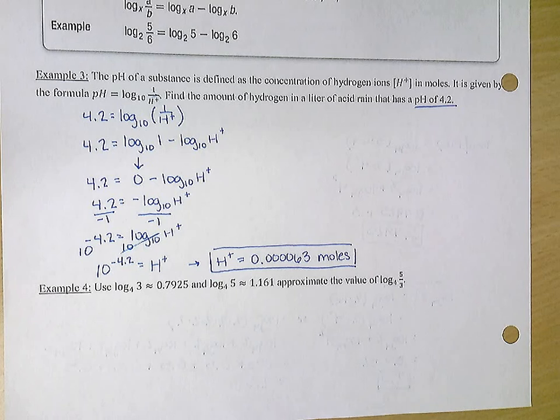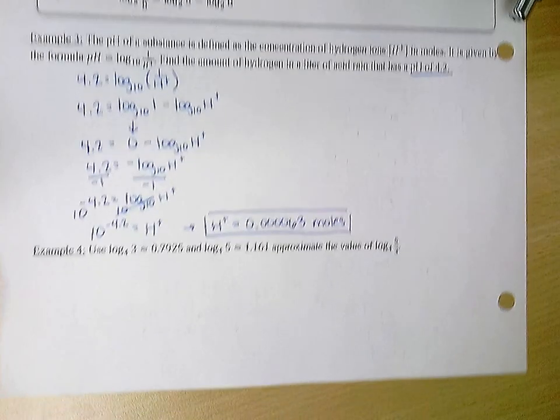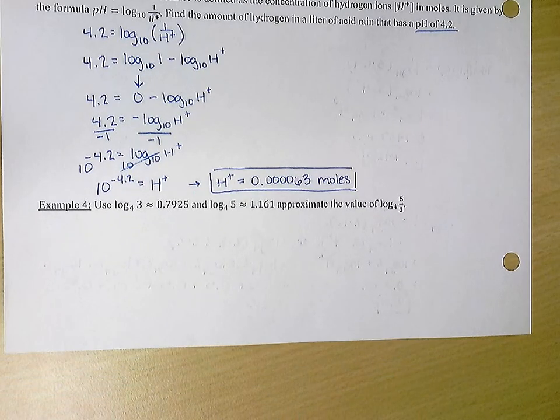All right, so the last example I have on here is one that you would most likely see on your assignment. I don't think I have any word problems on your assignment like the last one, but I do have problems like example 4 on there. Again, we're going to use a log base to approximate the value of another one.